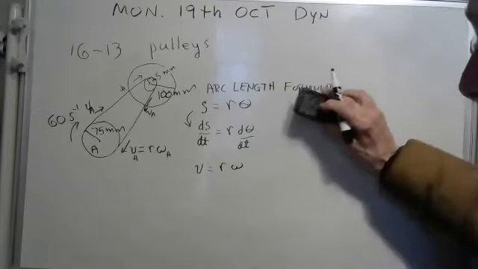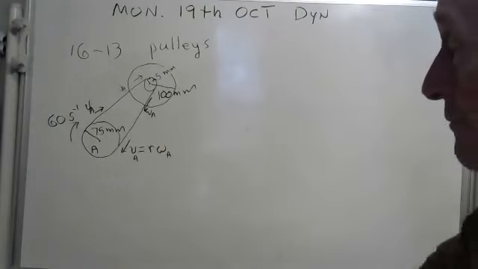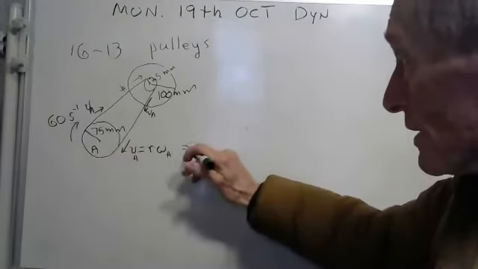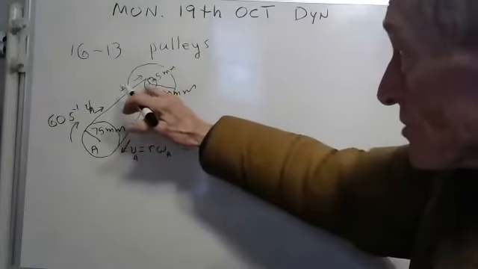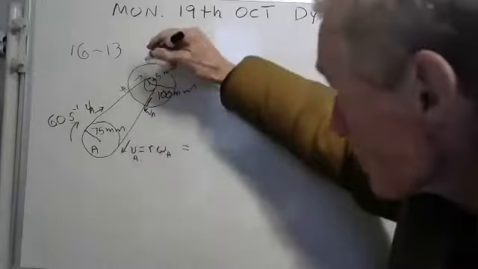All right, well, if we understand that, here's the beautiful thing. The velocity of that belt there is going to have to equal the velocity of the same belt that goes around this little pulley here. Now, this is pulley B here.